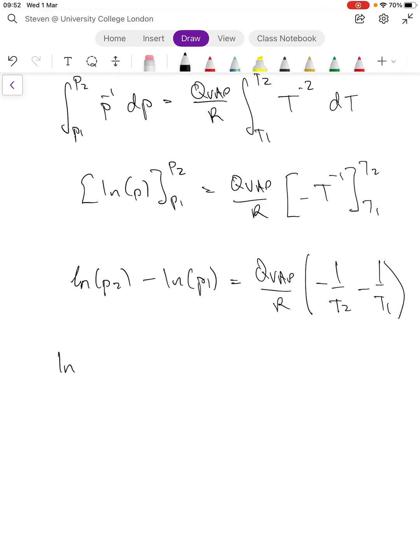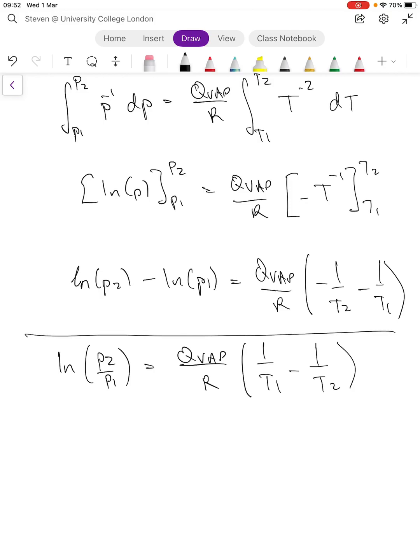So we have the natural logarithm of P2 divided by P1 is equal to the latent heat of vaporization divided by the gas constant R times 1 over T1 minus 1 over T2. And this then is our Clausius-Clapeyron equation.